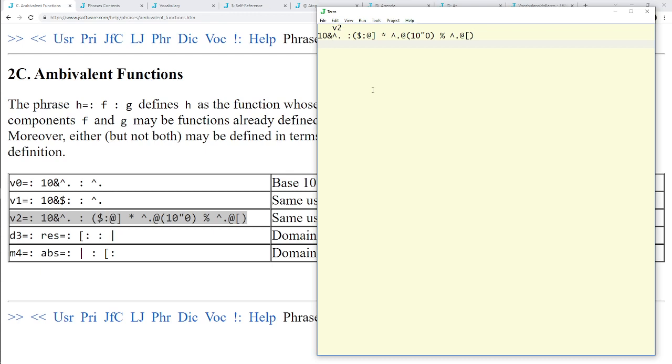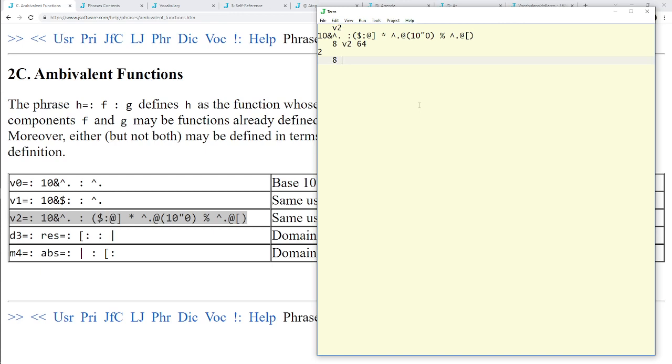Now the dyadic case is basically that I can say 8 V2 64 is 2, right? So now I can use this as just the normal logarithm.